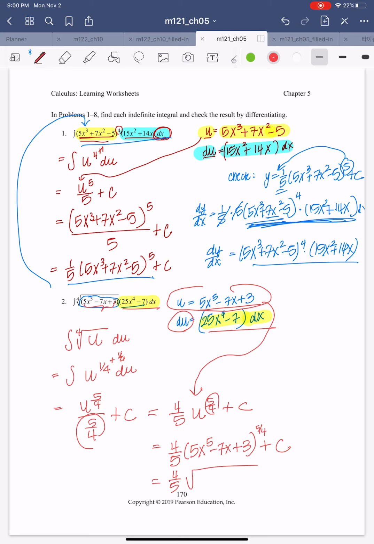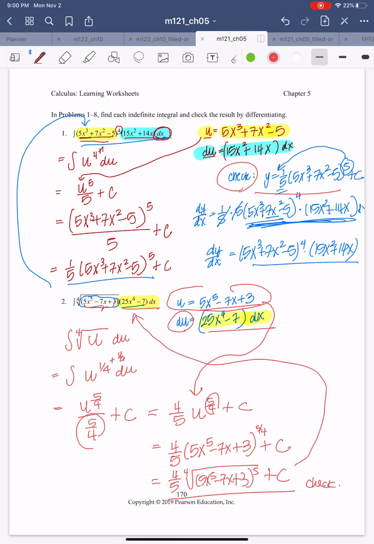You can also write it as the 4th root of 5x to the 5th minus 7x plus 3, to the 5th power, plus c. And if you want to, you can check like what I did here. If you differentiate this whole thing, you better get back to this term here.